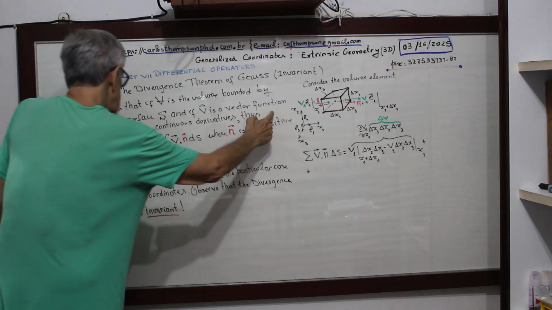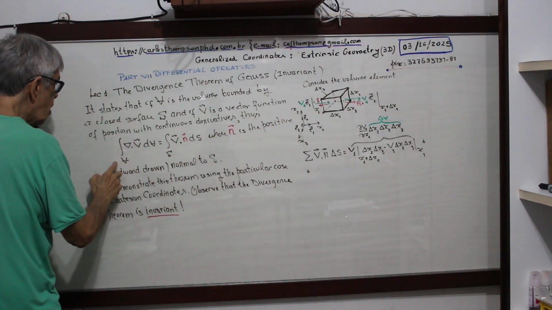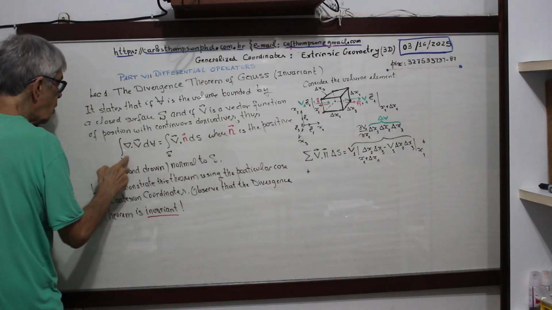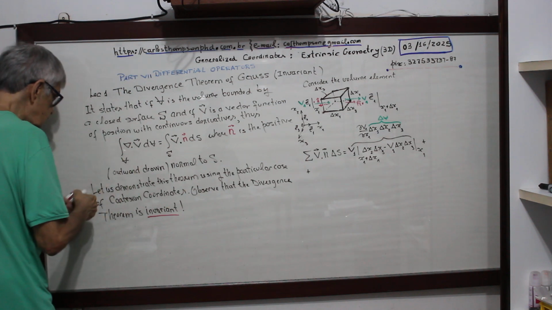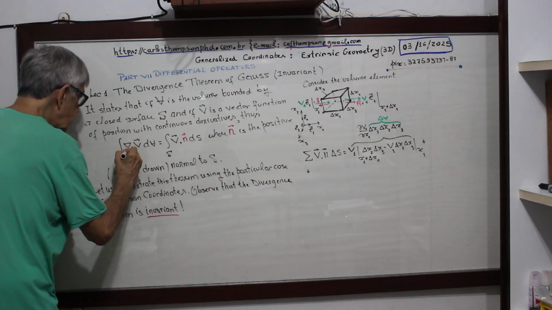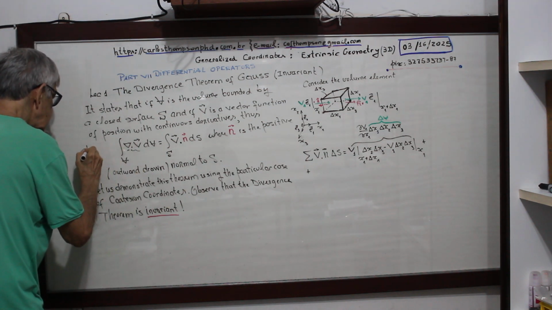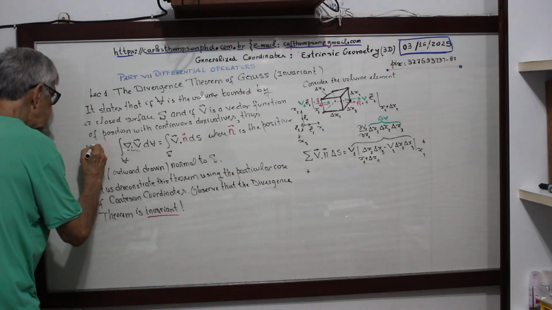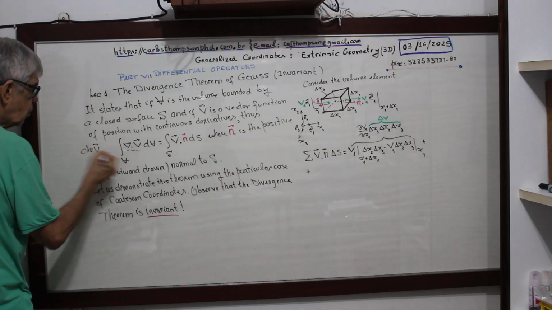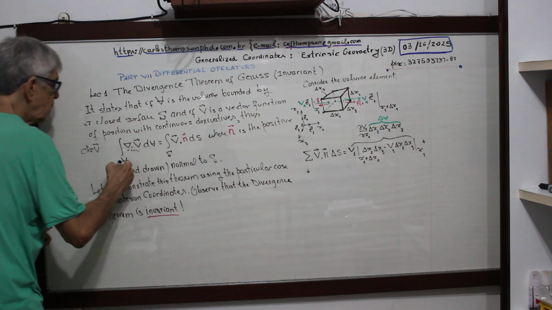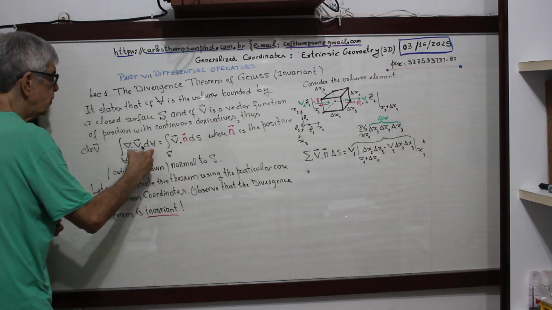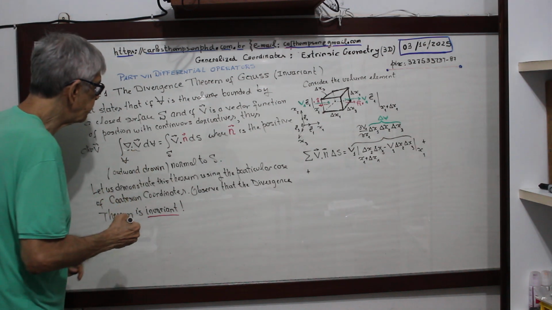Then the integral over the volume of the divergence of V, you can write divergence V, dV, where dV is the volume element.